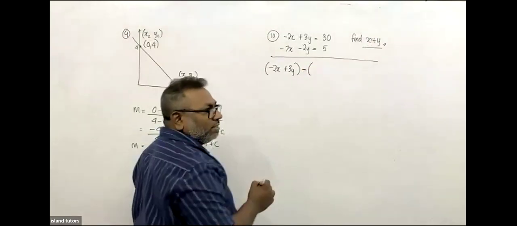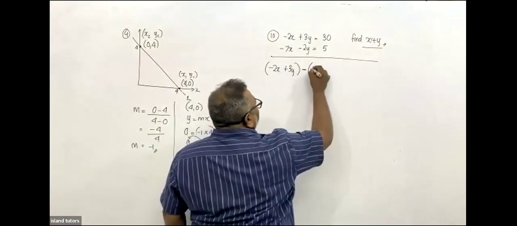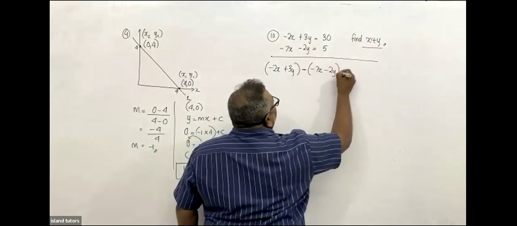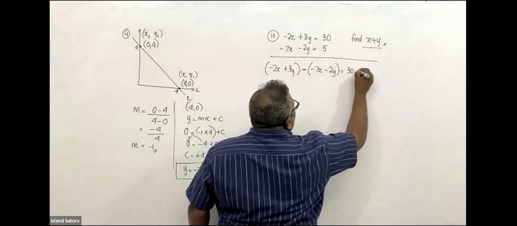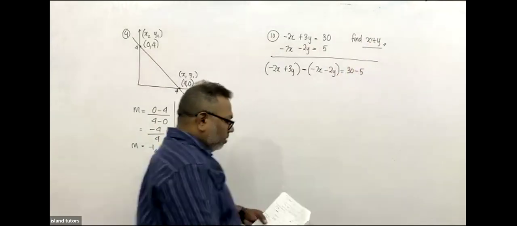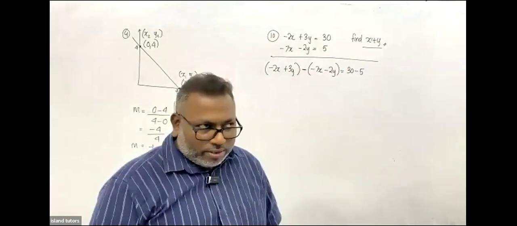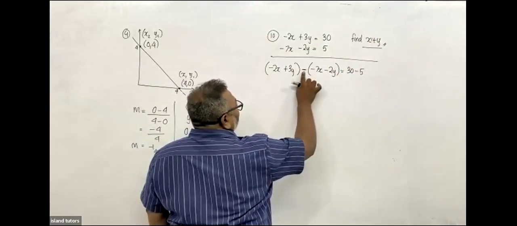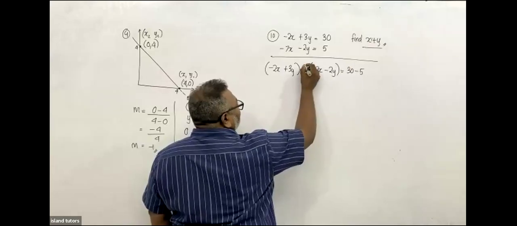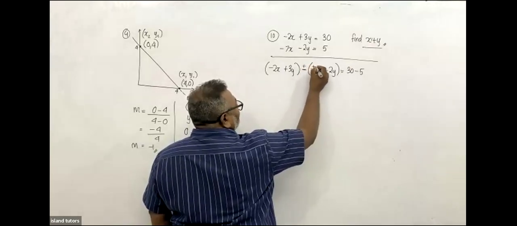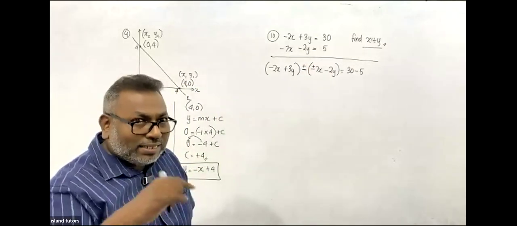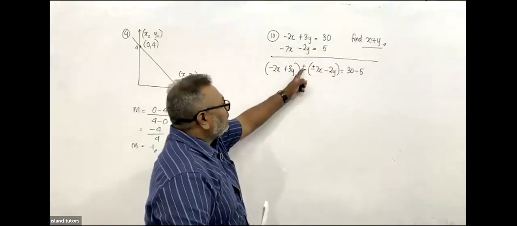We take minus 7x minus 2y is equal to 30 minus 5. Okay, right. So minus 2x minus 7x, this becomes plus, this becomes plus. When you subtract, you add the additive inverse.